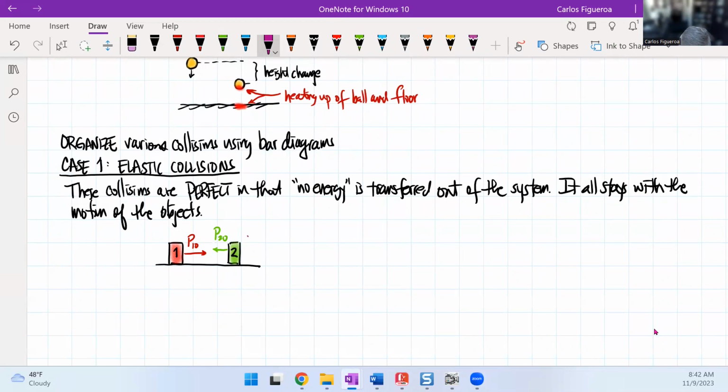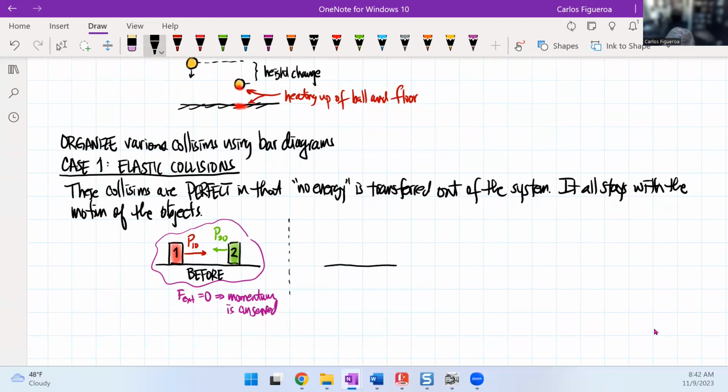We're going to focus on our system here. Because these are the only forces within our system, we immediately say that the external force is 0, which then means that momentum is conserved. That's what we want to focus on. So we need to look at the picture of before, and then compare it to the picture of what happens afterwards.